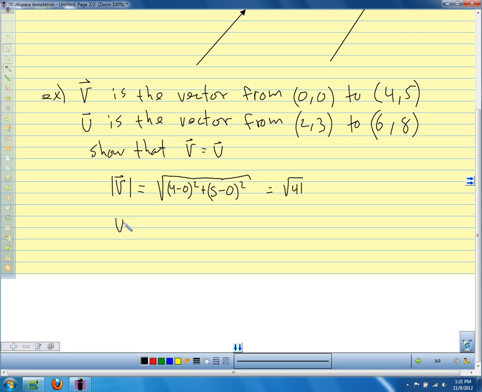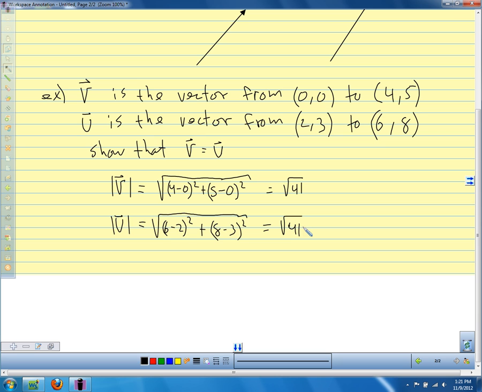The length of u, using the distance formula, is 6 minus 2 squared plus 8 minus 3 squared. And that gives me also the square root of 41. So we know that they have the same length.